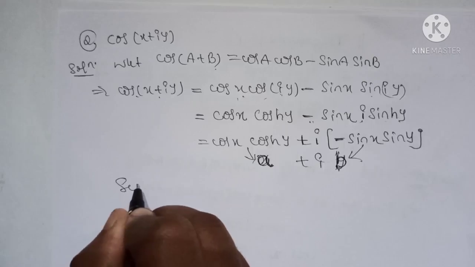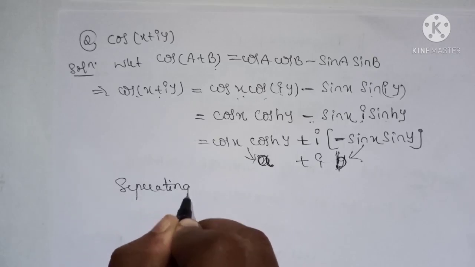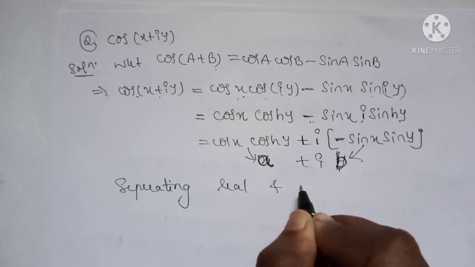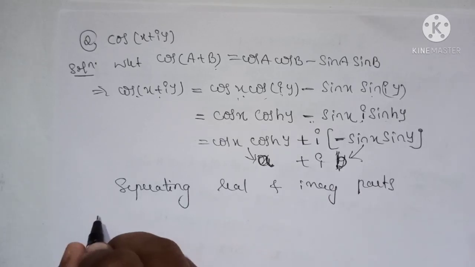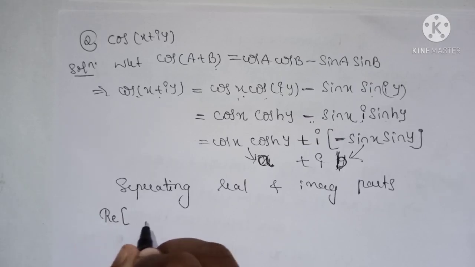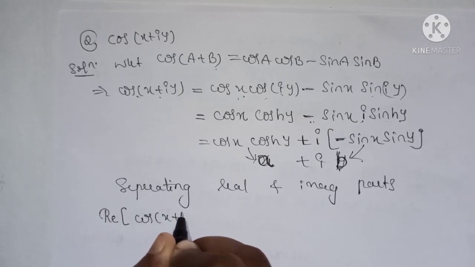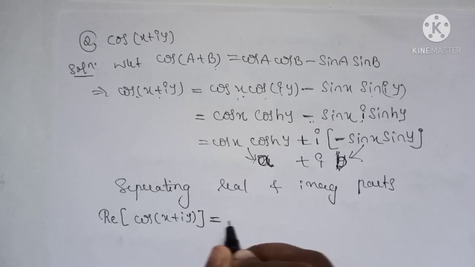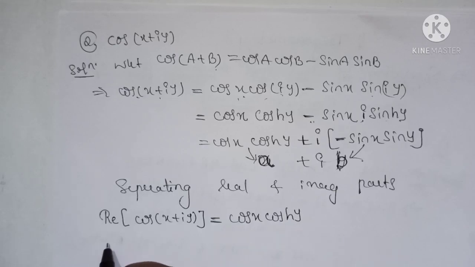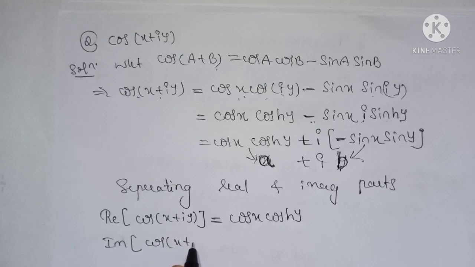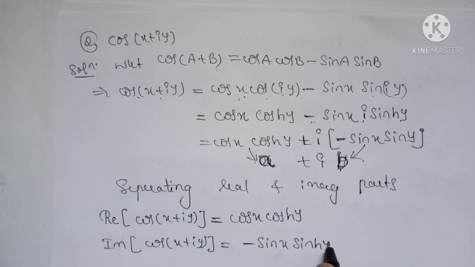Separating the real and imaginary parts, we get the real part of cos of x plus iy is equal to cos x cosh y, and the imaginary part of cos of x plus iy is equal to minus sin x sinh y.